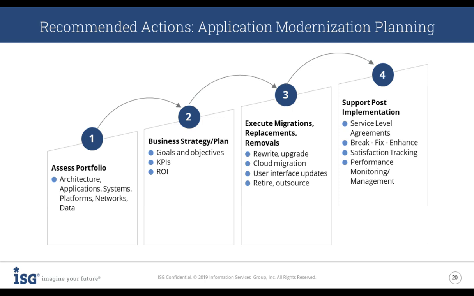In execution, which is shown in step 3 above, there are 5 alternatives that enterprises pursue. For applications with low business value and potentially high maintenance, enterprises should retire some or all components. Retirement typically involves moving the useful functionality, rules, and data to other portions of the application portfolio.